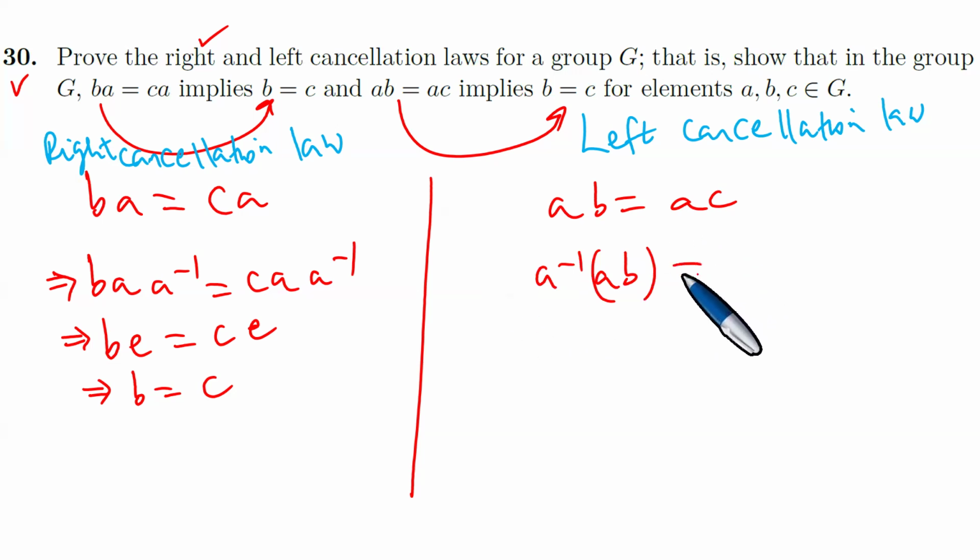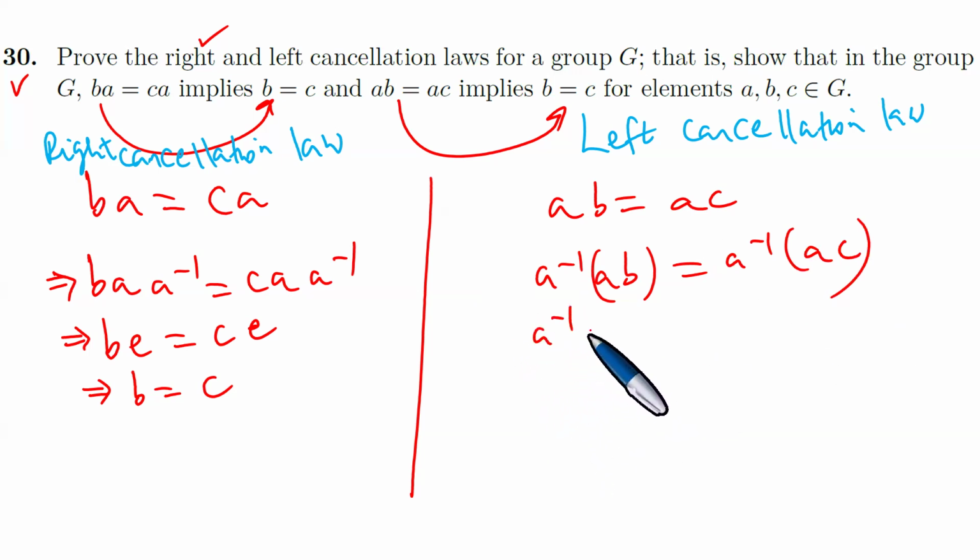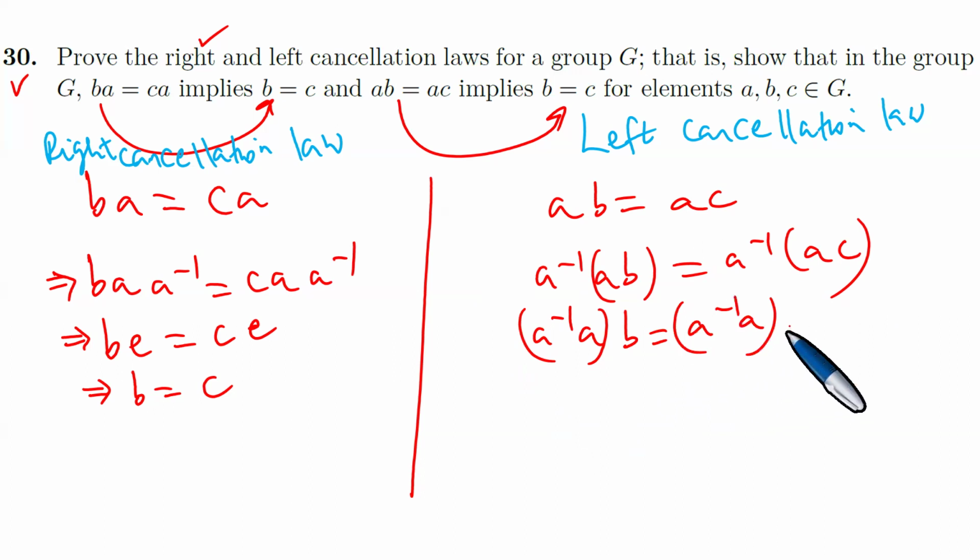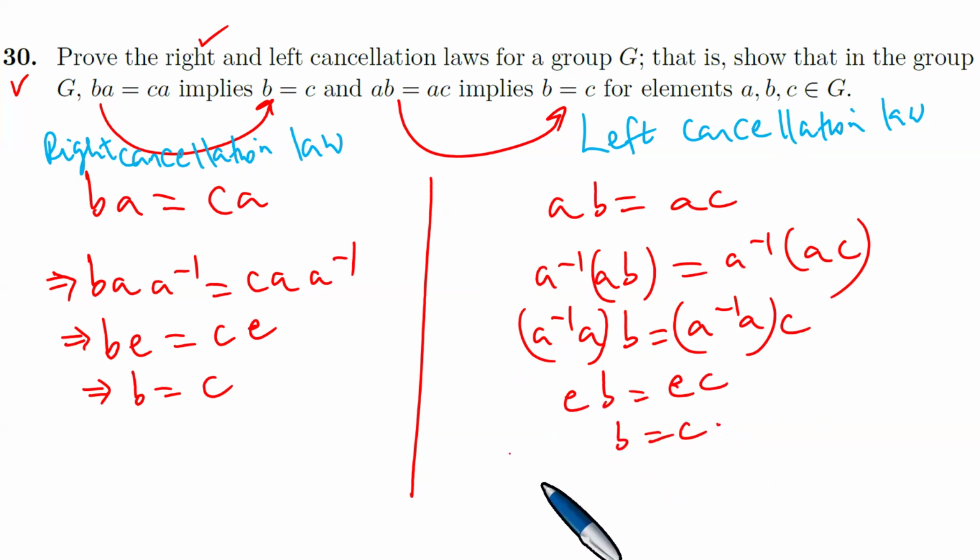We can be more pedantic like this. We use associativity in the group as a group property; that is the level of detail we would have to show. Then a inverse a would be e, so eb equals ec, so that b equals c.